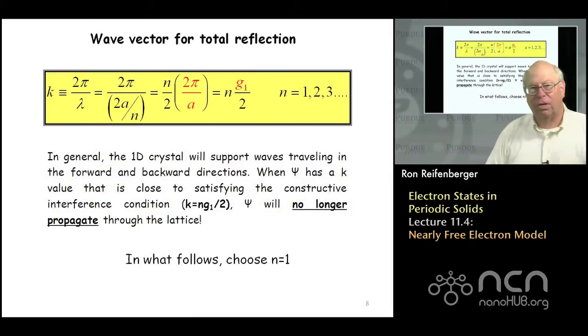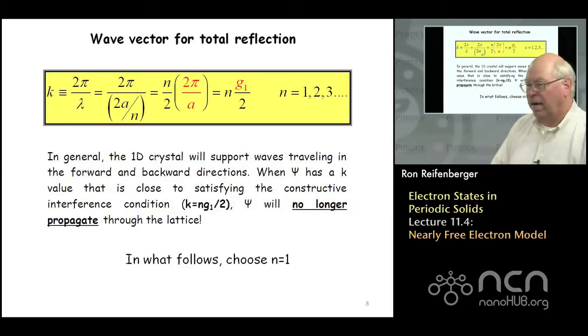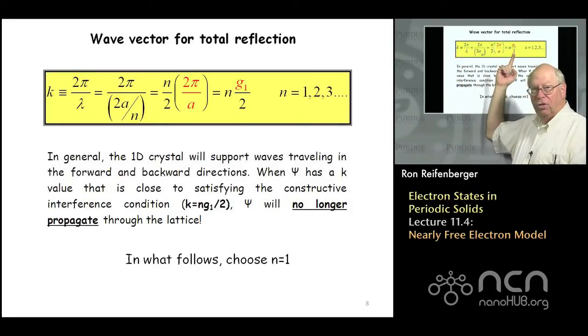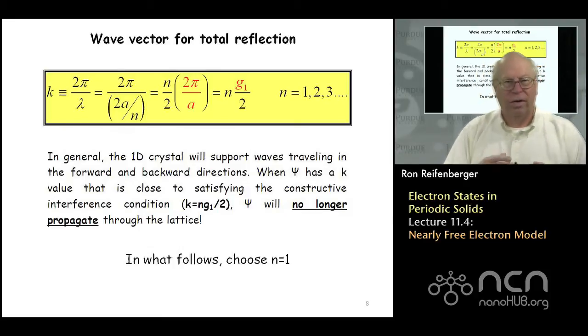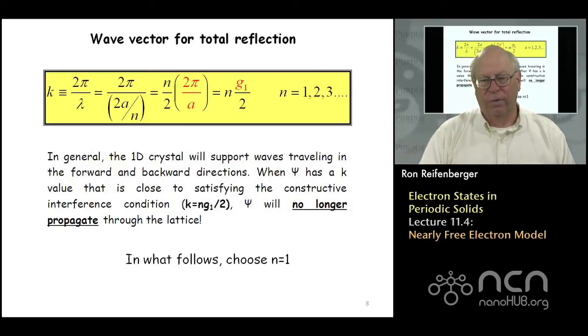Okay? So this reciprocal lattice vector that we defined about 3 or 4 lectures ago has a way of constantly reappearing in this discussion of electron states in periodic solids. And here what we're saying is that if k is equal to, let's say, a half integer multiple of g1, then it's possible that an electron state that tries to move through the lattice would be totally reflected.